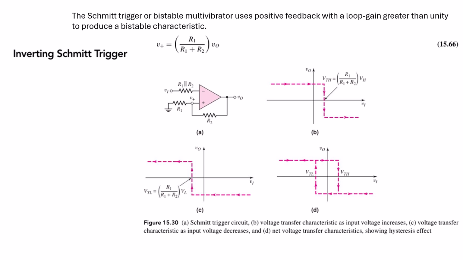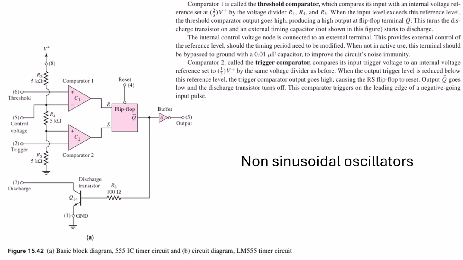Because if your voltage fluctuates in this range, that is between VTL and VTH, then since there is a width of this hysteresis, your output will not be turned on and off. So basically it will prevent turning on and off while a small amount of voltage fluctuation occurs in the street light.